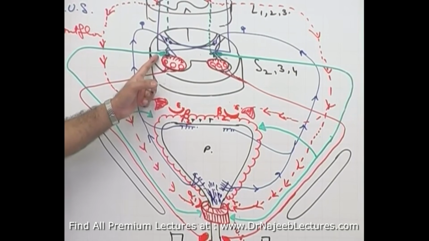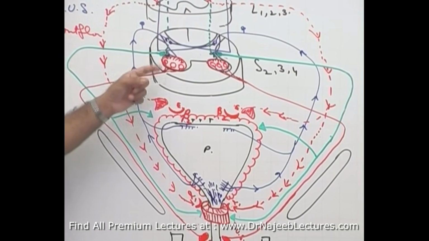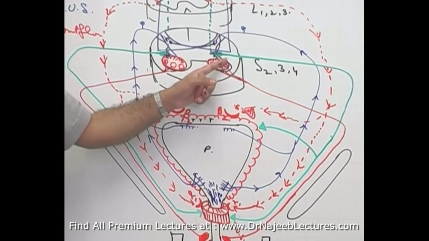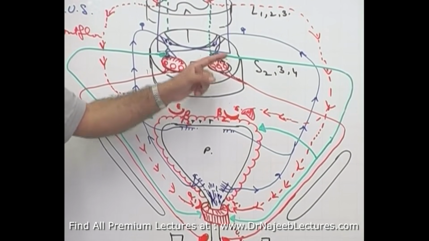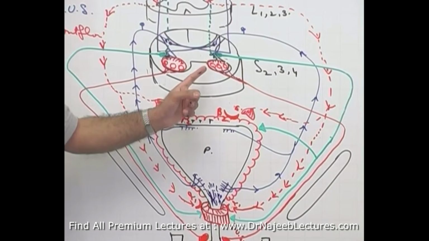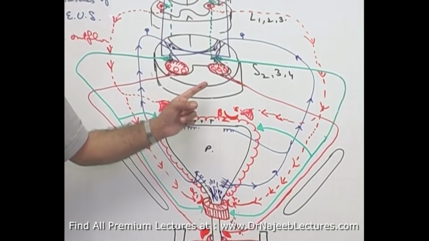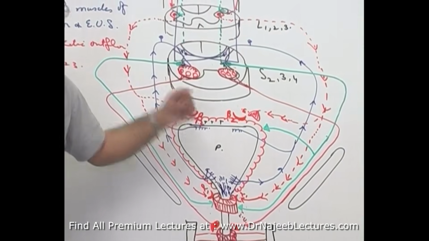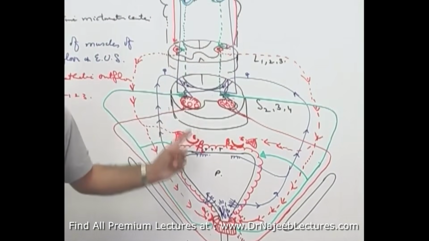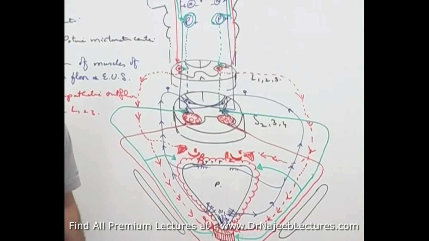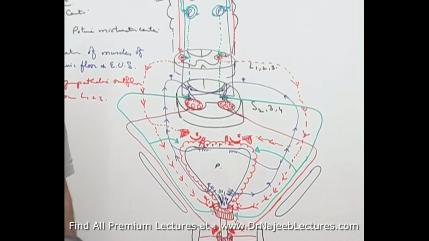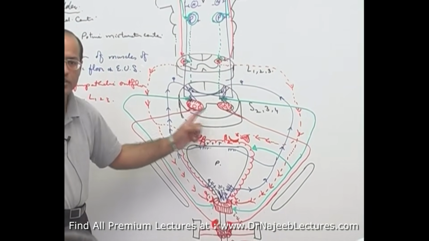parasympathetic. At the same time, higher descending pathways are also facilitating parasympathetic. So we can say there is a local sacral spinal reflex for parasympathetic stimulation, which is now being facilitated by the higher centers. Previously this was being inhibited by the higher centers, now it is being facilitated.